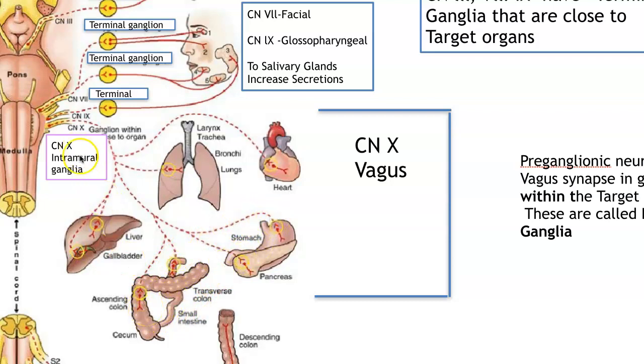So this cranial nerve 10 is doing lungs, trachea, heart, in the thoracic cavity, liver, gallbladder, stomach, pancreas. We didn't talk about the pancreas, but it does. And all of the small intestines and most of the large intestines. So huge. And these are all intramural ganglion.